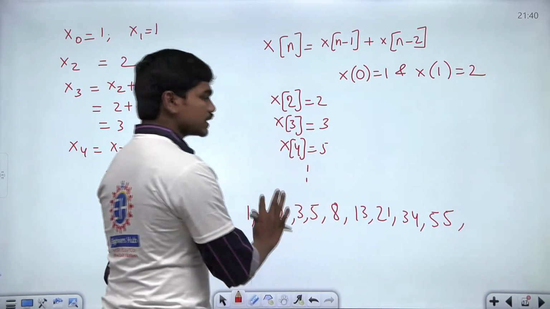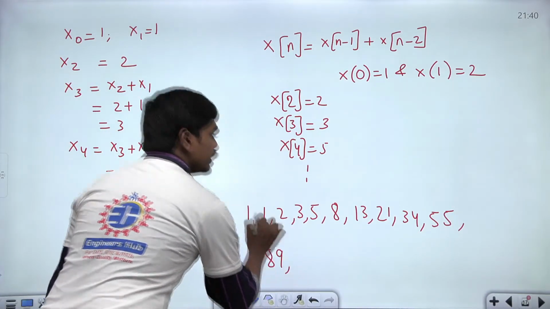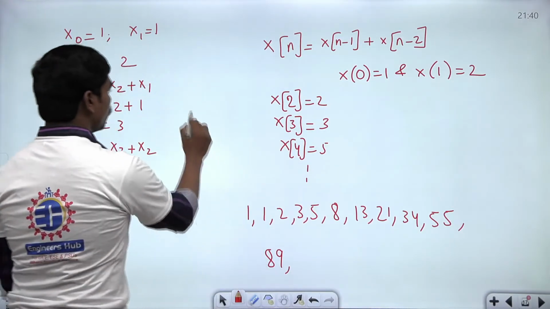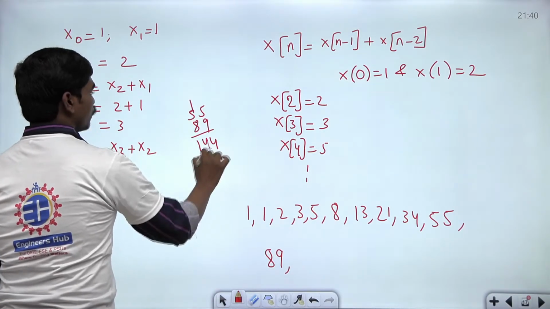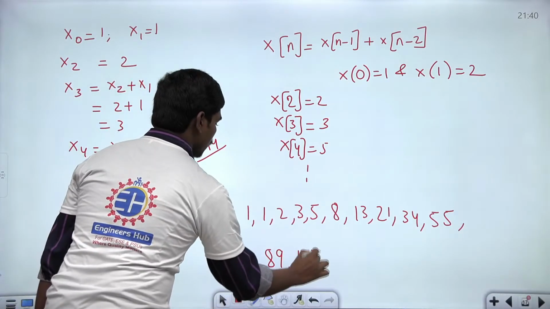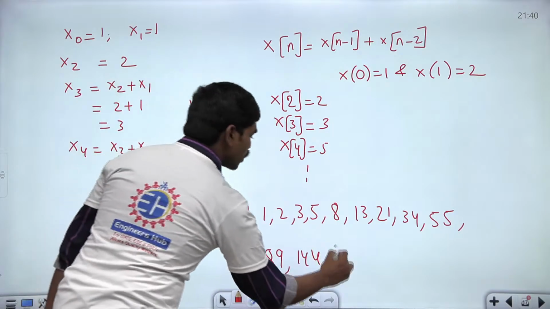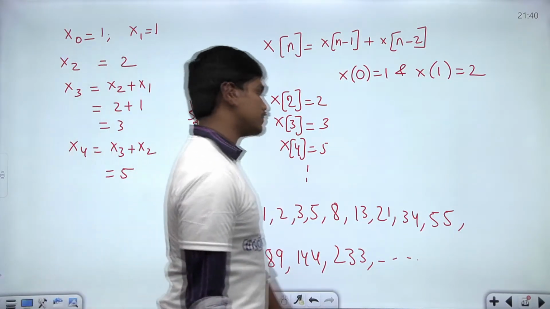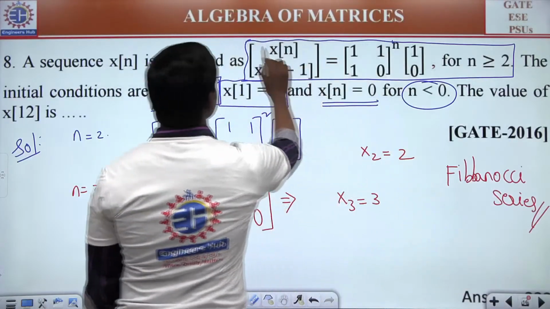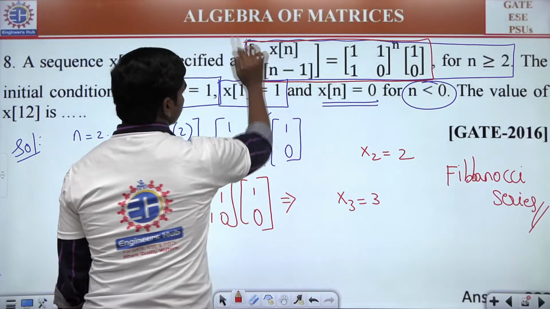I hope my calculations are correct. So 34 plus 55 is again 89, then 55 plus 89 you will be getting 144. So 144 plus 89 is 233, and all this is a Fibonacci series, and this is generally the generalized matrix notation for the Fibonacci series.